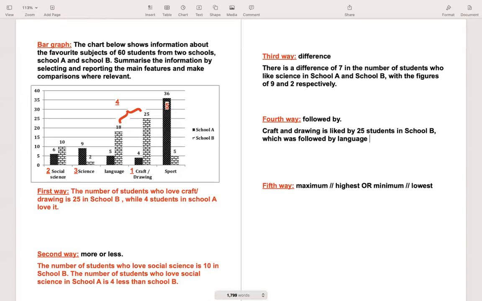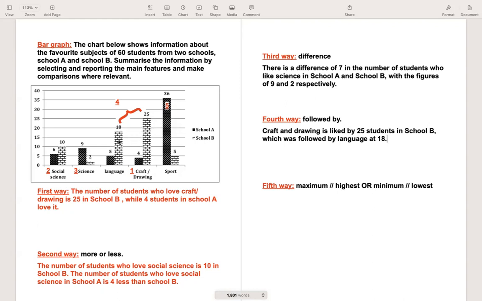Then in school. It's only school. Sir, language is followed by craft. So what is followed more by language in school A? No, A. I'm talking about B only. First of all, I'm talking about 25 and 18. They are both in school.